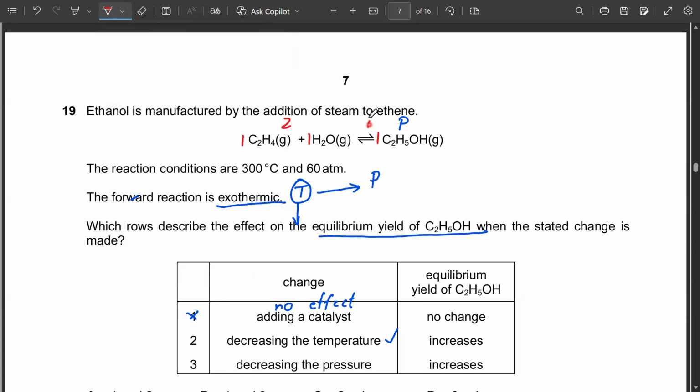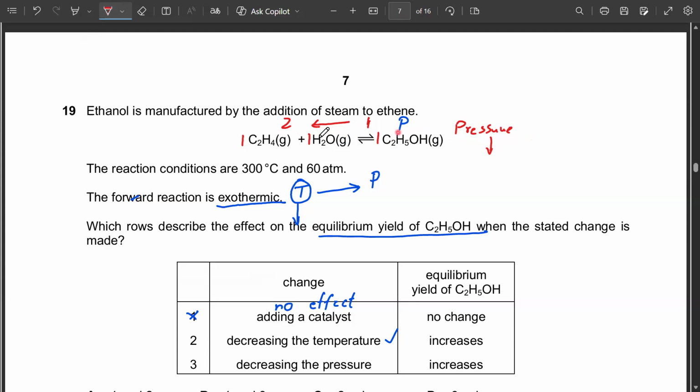So if the pressure is decreased, then the equilibrium has to shift to the side where there are more moles. So the equilibrium will shift towards the reactant side by decreasing the pressure.